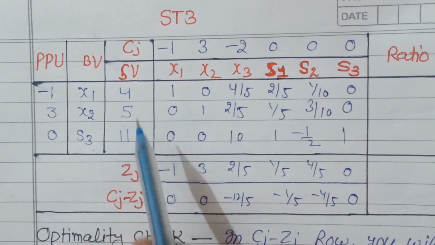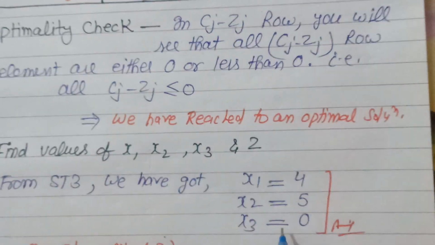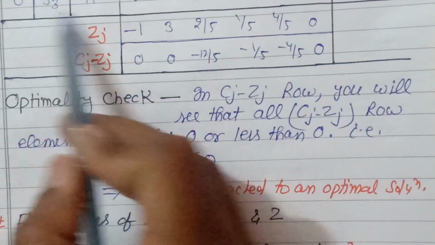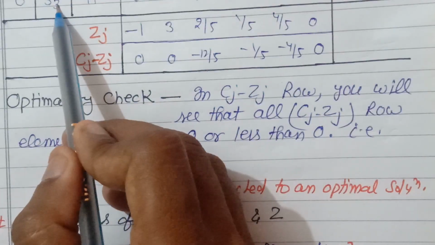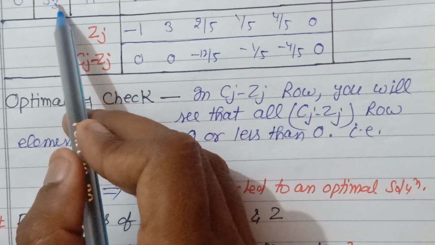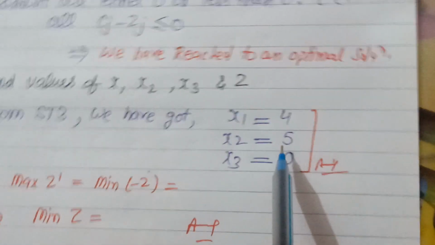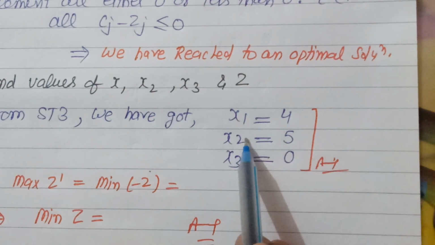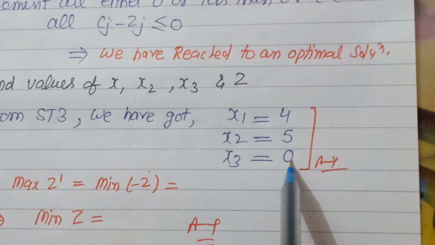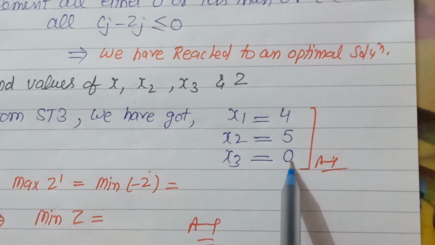The value of x1 is 4, the value of x2 is 5 and there is no x3 here. S3 is only a slack variable, so it is not a permanent variable and its value will not be considered. So x1 is equal to 4, x2 is equal to 5 and x3 is equal to 0. These are the values of variables for the optimal solution.